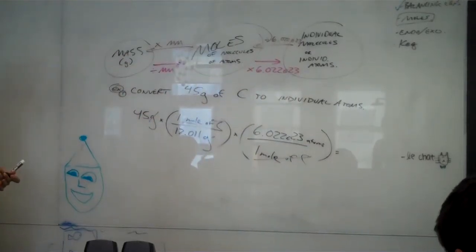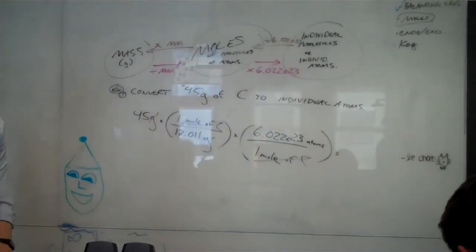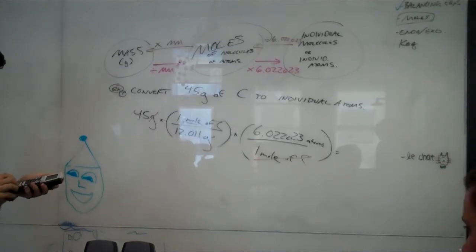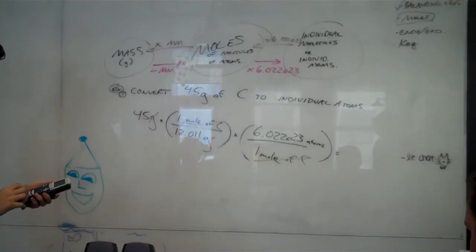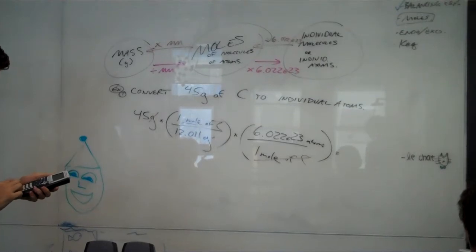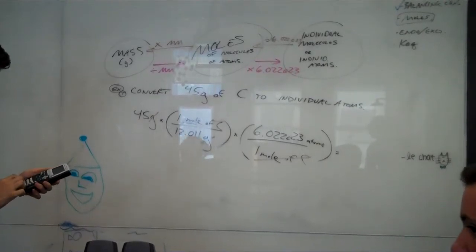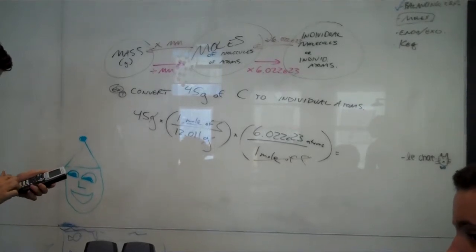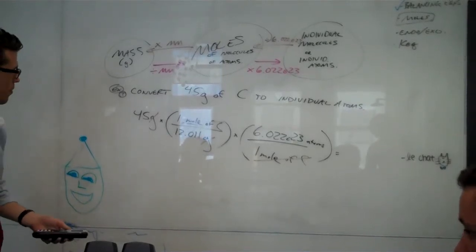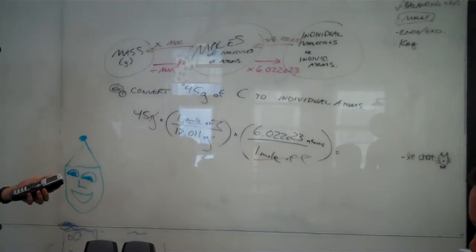Now, I don't like to spend too much time calculating this, but let's just do it really quickly so you can check at home. 45 divided by 12.011 gives you a number. I'm going to multiply that answer by 6.022. Wait, I always do 45 times 6.022 divided by 12.011.